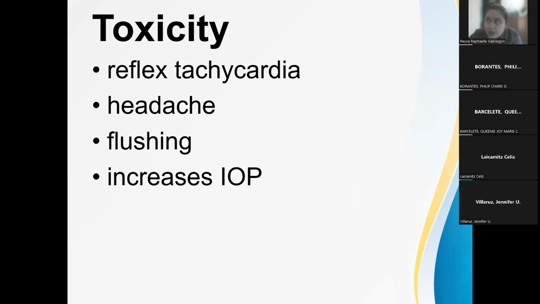Now, since this can cause a sudden drop in the blood pressure, automatically, class, its toxicity is reflex tachycardia. Okay? And there will be headache. Plus, why are there headaches? If you noticed, our vasodilators all seem to have headache as a toxicity. Why? Because they cause vasodilation all over the body.